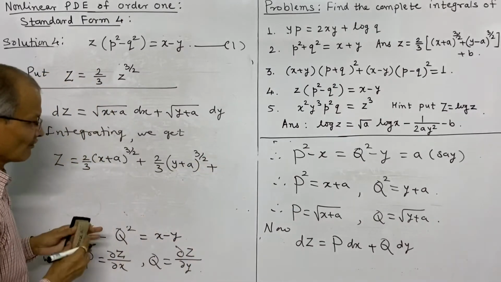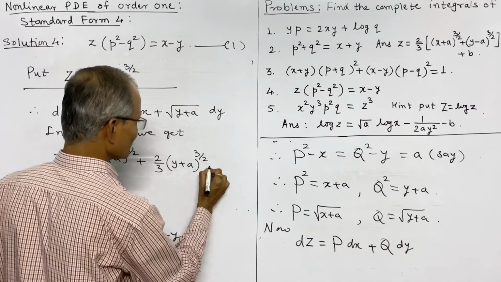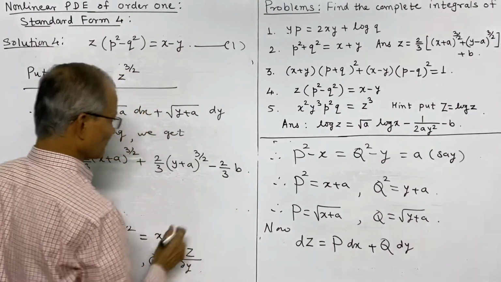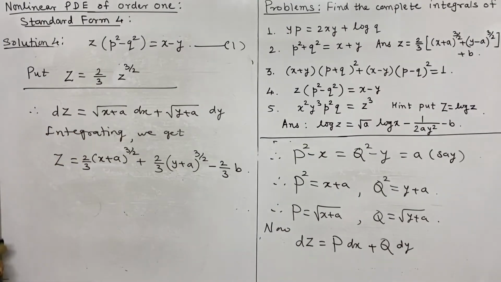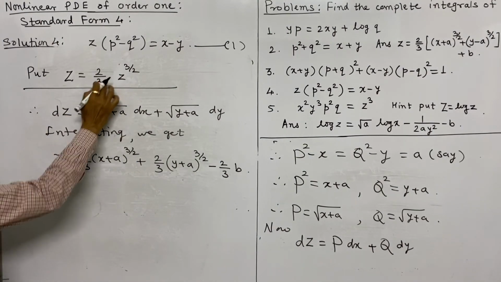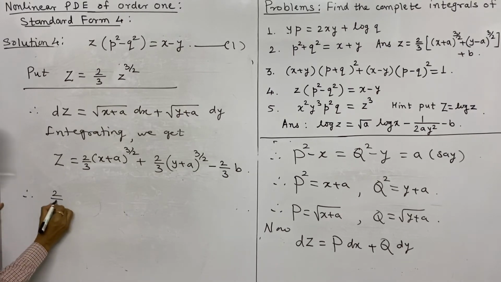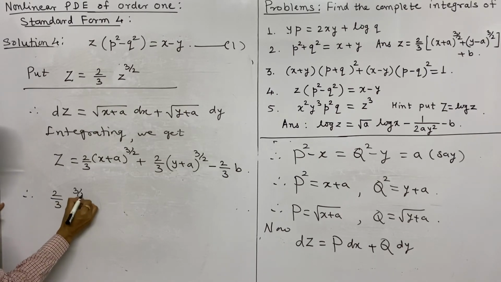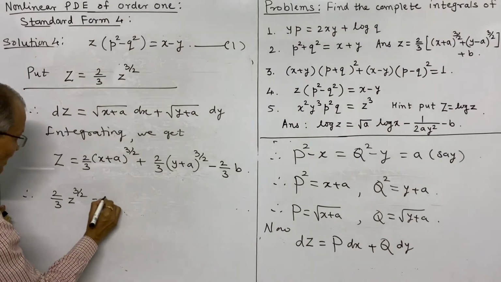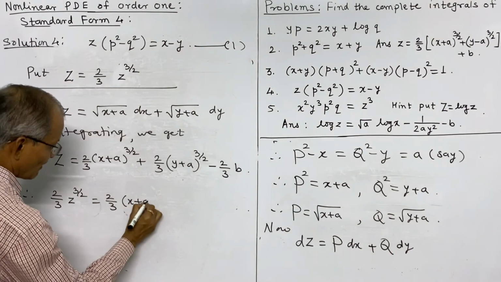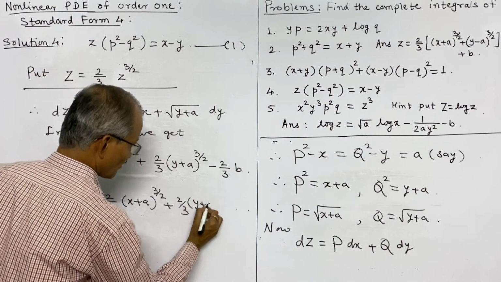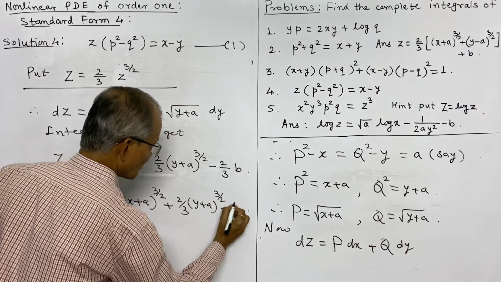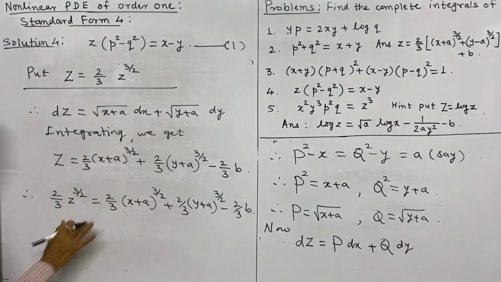And for simplicity, we may consider the constant in the same form, 2 by 3 into b. Now we use the value of capital Z. Capital Z is 2/3 into small z to the power 3 by 2 is equal to the right side. Further, we may cancel out this term throughout. 2/3 can be cancelled throughout, and this b may be shifted on this side, or not necessary.